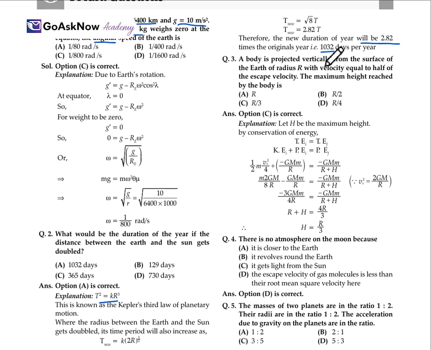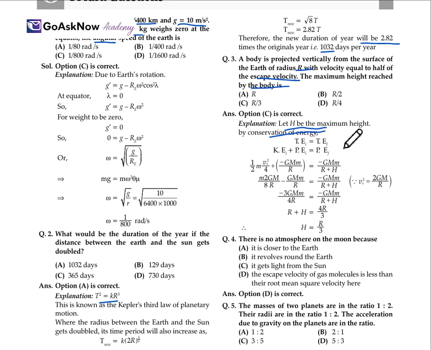A body is projected vertically from the surface of the earth of radius R with a velocity of half of the escape velocity. The maximum height reached by the body is? Firstly, let h be the maximum height. By conservation of energy, the total energy initial is equal to the total energy final.